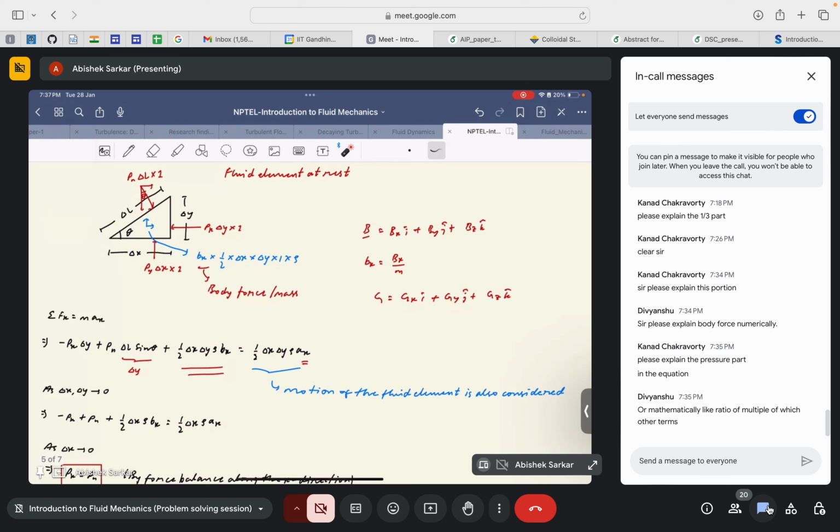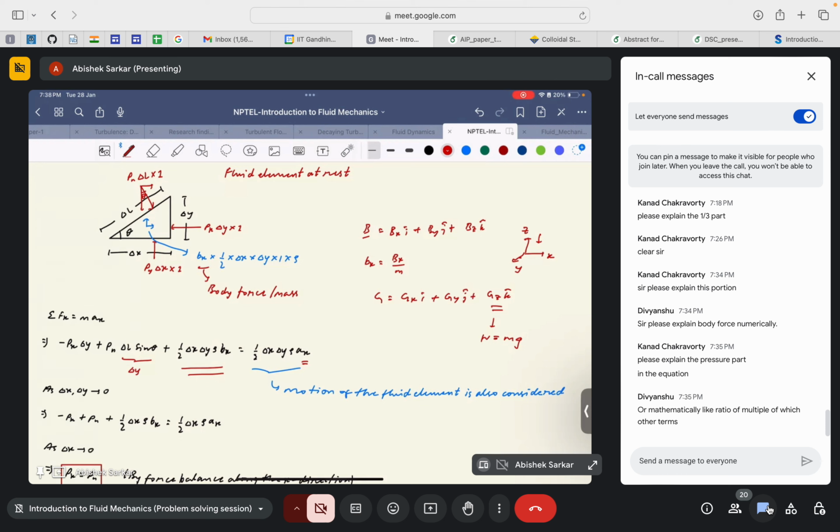Why? Because gravity always acts along the z direction, if you're considering it that way. Of course it depends on the choice of coordinate system. If I'm saying it's x, y and z, then gravity would act along the negative z direction. So this term becomes relevant, and this is the weight of the body, equal to m into g: mass times the component of gravity along the z direction.